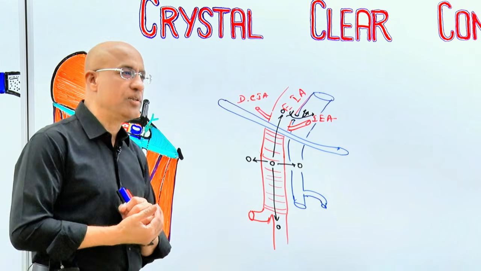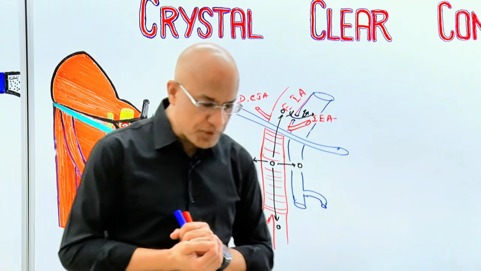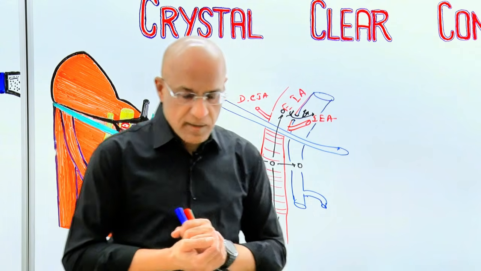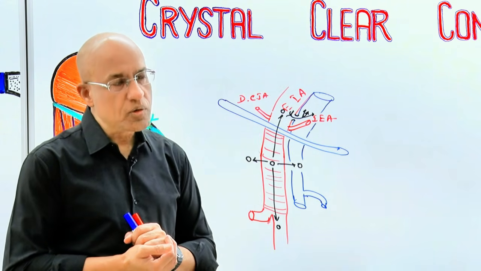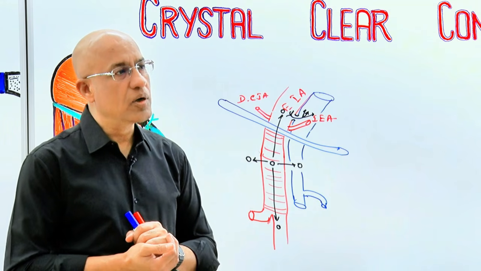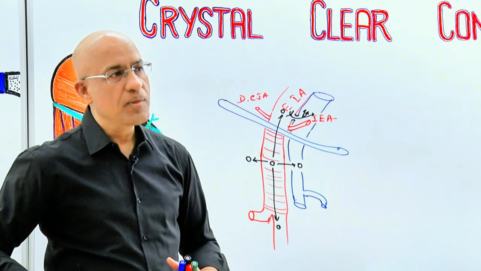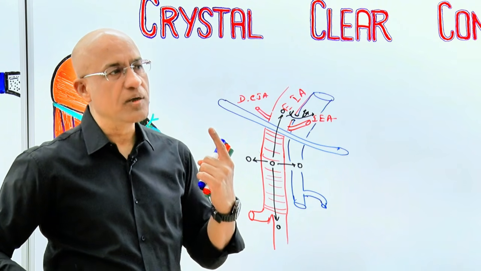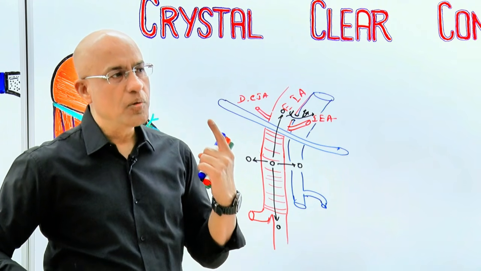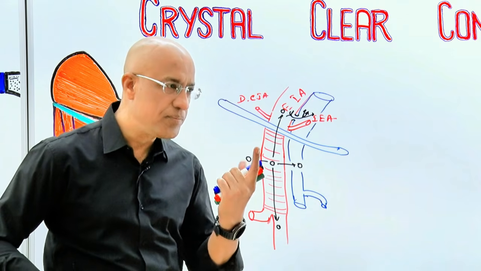Another very important thing, which most doctors don't remember, because good doctors remember that if too high, the biggest catastrophic complication is retroperitoneal hemorrhage, right?